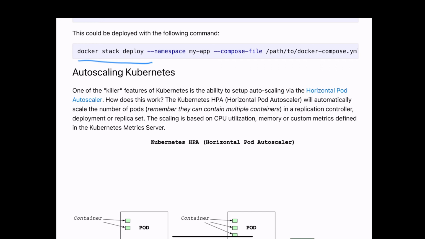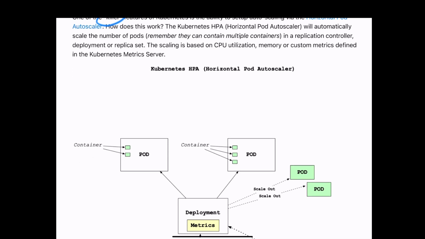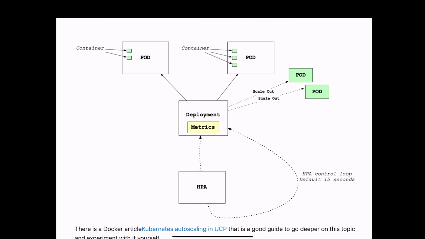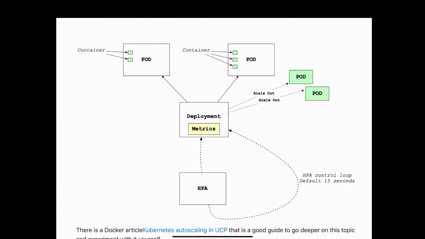Now, let's get into the killer feature of Kubernetes, which is the ability to auto-scale up and down. And the way that works is via this thing called the horizontal pod autoscaler. So let's kind of scroll through and take a look at this. So what happens is that this HPA control loop is going through and just constantly, in a loop, looking at the different metrics from the system and looking for health metrics like maybe CPU, memory, things like that.